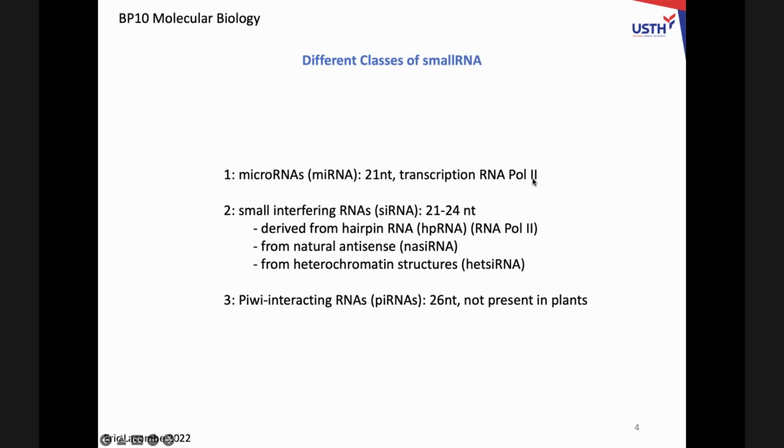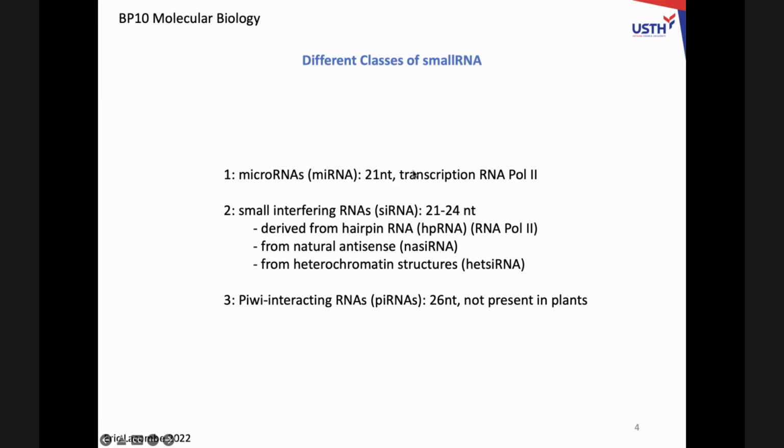Second class, very different, because their origin is not the same as the first class, the microRNA. They are all called, in this group, small interfering RNA, and the name that you have probably seen is siRNA. Their size can span from 21 to 24 nucleotides, but their origin is very different from the microRNA, even though some of the RNA pool can be the same.